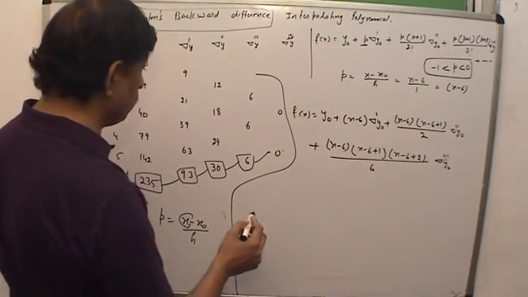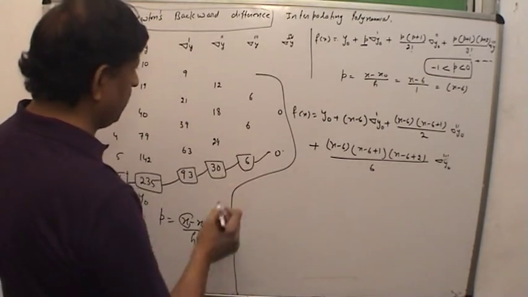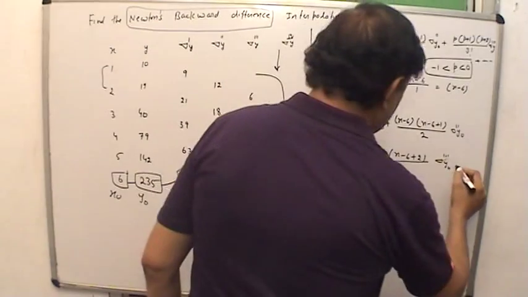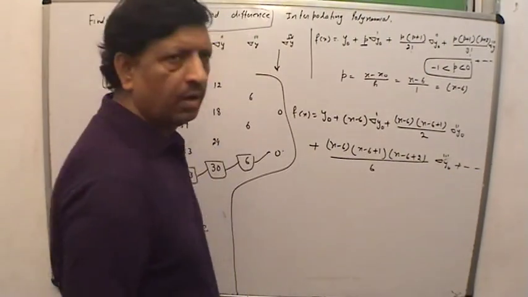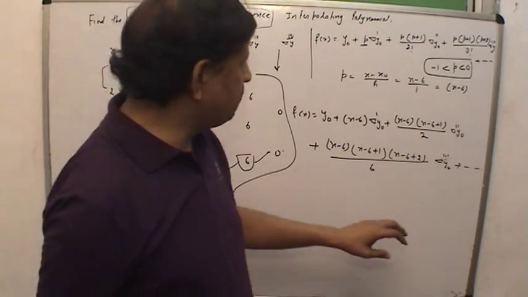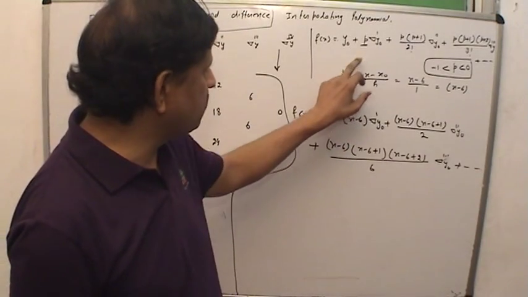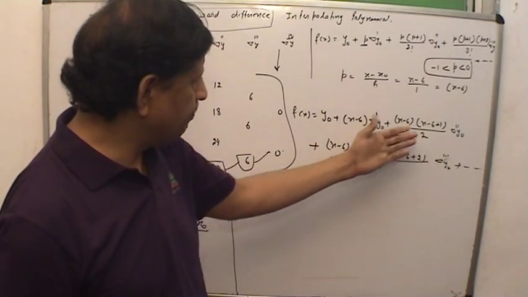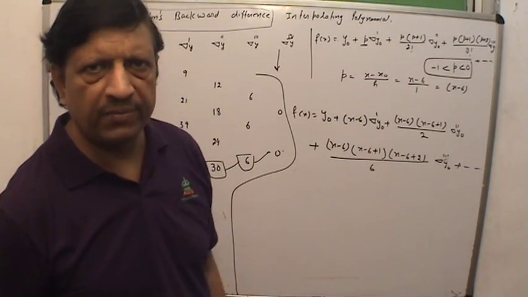We have to move up to delta 3. We don't need delta 4, and so on. What we have done is change P from the standard formula into x. Here we can see P is nowhere existing.